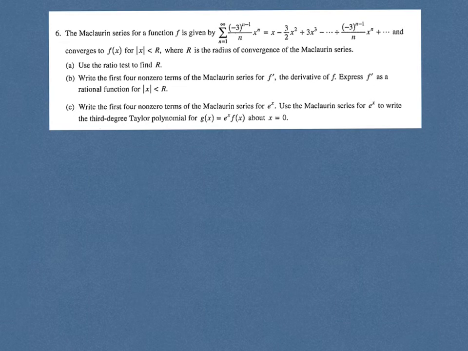We know a geometric series converges when the absolute value of r is less than 1, and that the sum of a geometric series is a1 over 1 minus r. So we might want to use that to help us express it as a rational function.